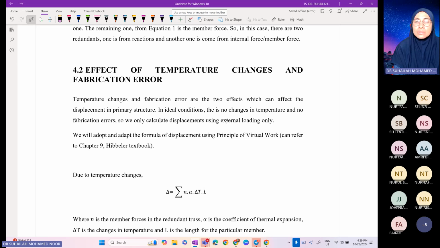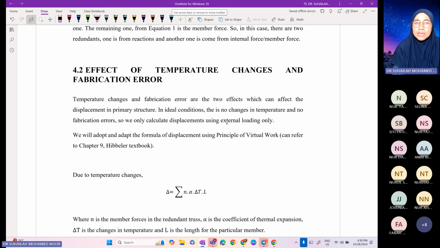Displacement or deflection in a truss system can occur not due to external loading only, but the effect from temperature and also fabrication error, if they occur, also contribute to the displacement.